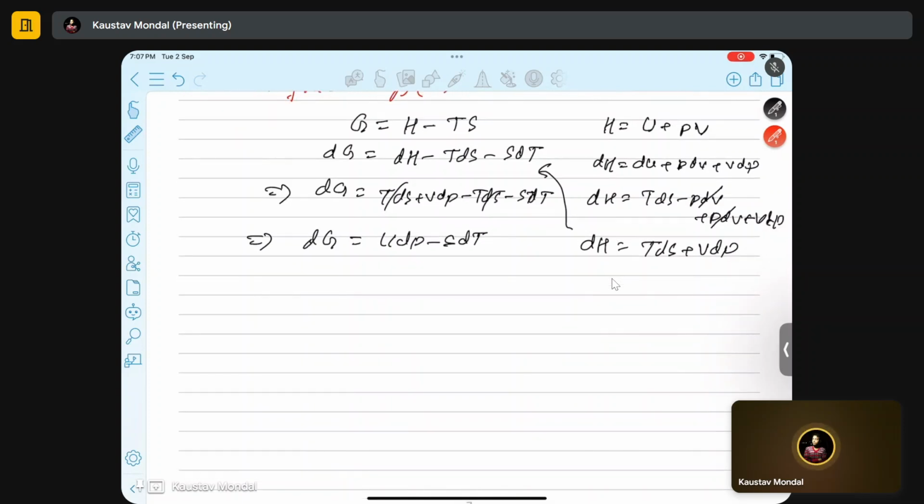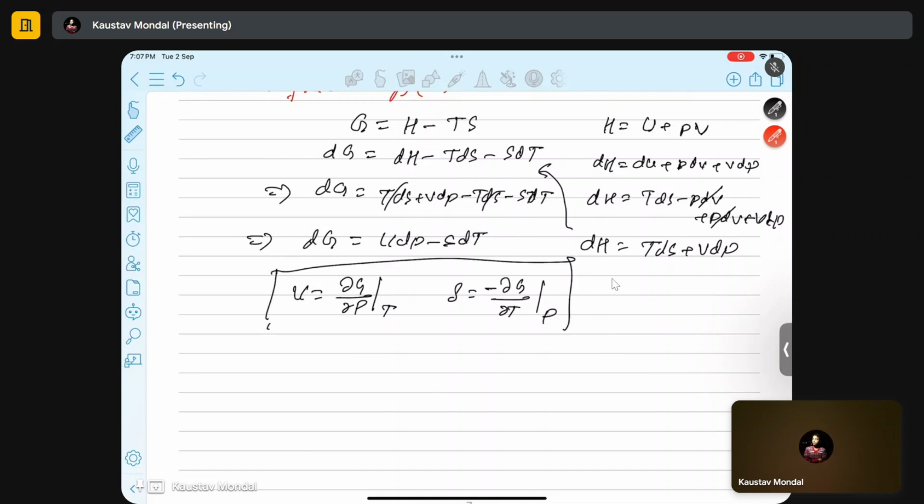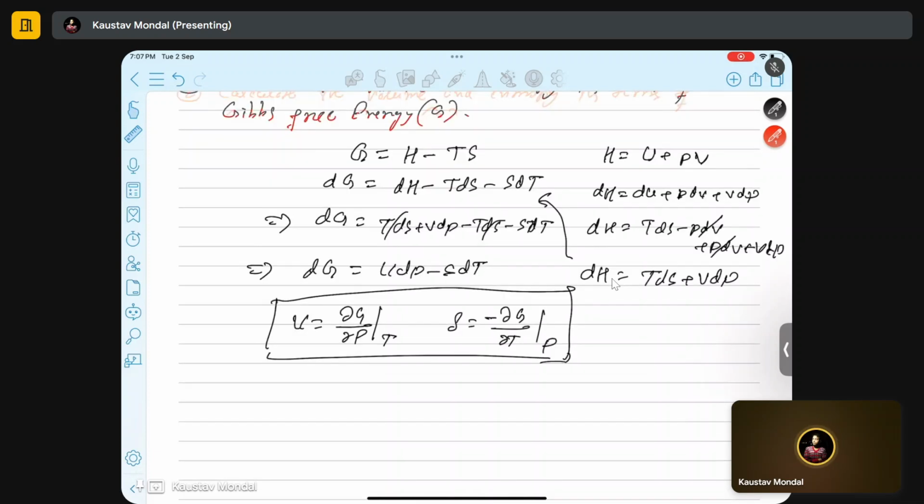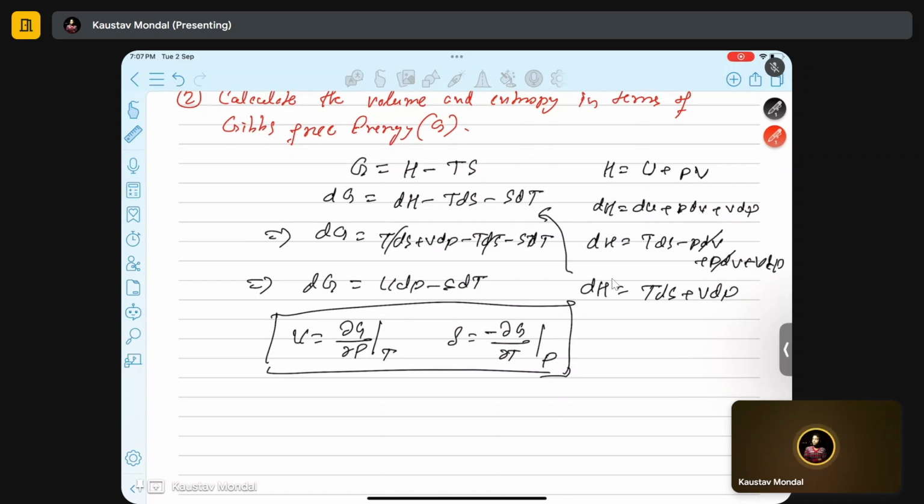So from here we can write V, the volume, as del G by del P at constant temperature. Similarly, the entropy is minus del G by del T at constant pressure. So this is the expression of volume and entropy in terms of the Gibbs free energy, right?